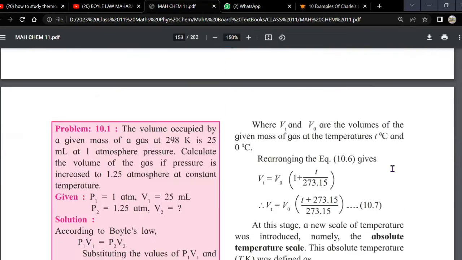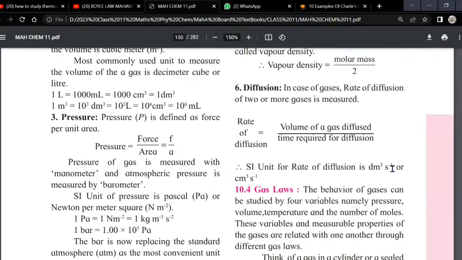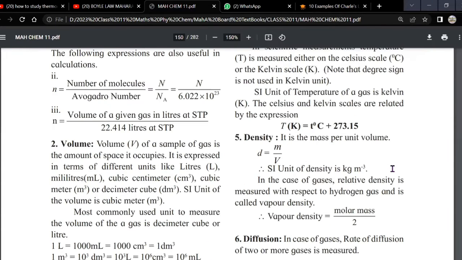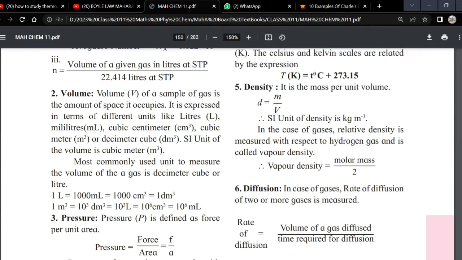Last time also we had done this. Just note this conversion. This conversion at times becomes very confusing for volume and for pressure also. Are we clear till here? Yes, sir.